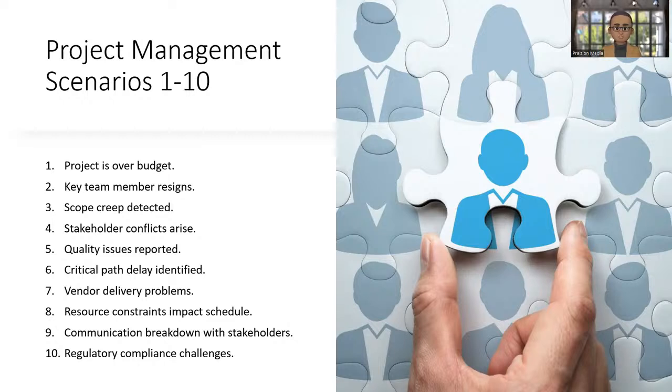There's not much you can do about that, but understanding the why is always helpful. And then you need to find a way of replacing that team member. Or perhaps the first thing you should do is similar to the first scenario, which is understand the impact.